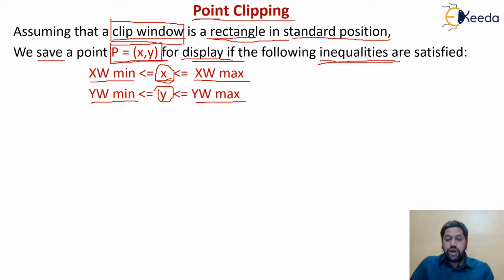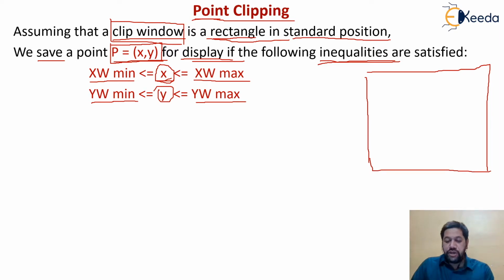Generally, how have we defined this? Suppose this is my complete screen, and inside my screen I am changing the color here for understanding. Suppose this is my clipping window.